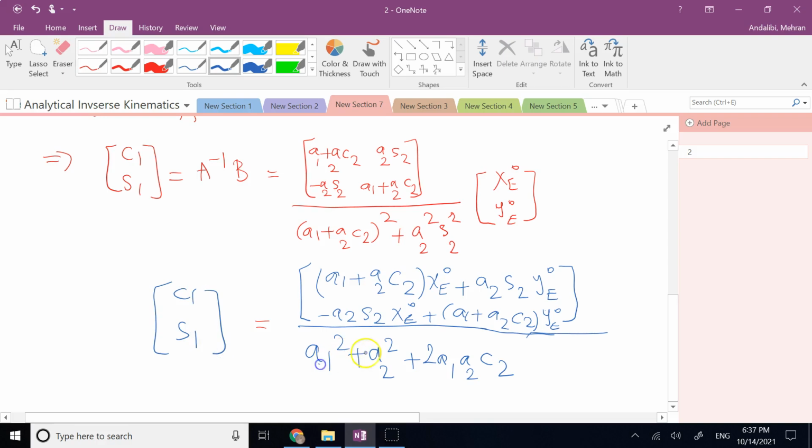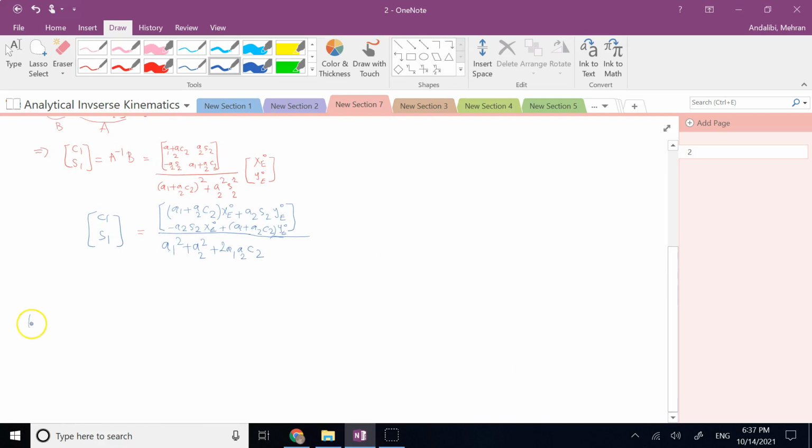And since they both have the same denominator when you use the arctangent function, so theta 1, which is arctangent 2 of S1 and C1, if they both have the same denominator, and that denominator is this number here, if I neglect that because they have the same ratio, then I can just look at what?